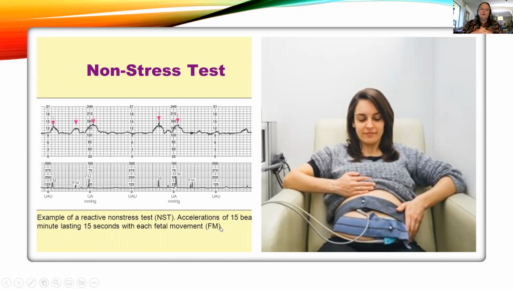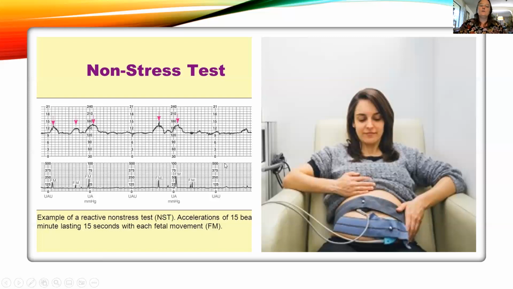So we're looking for reassuring or non-reassuring on a non-stress test. If we have accelerations and good variability in the fetal heart rate and no decelerations, then we are reasonably assured this baby is well oxygenated at that point in time. That's what we're looking at when we do a non-stress test.